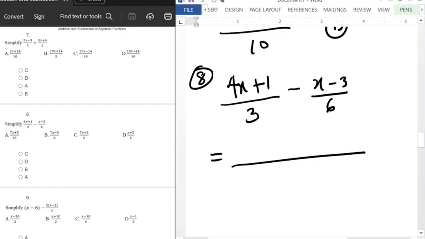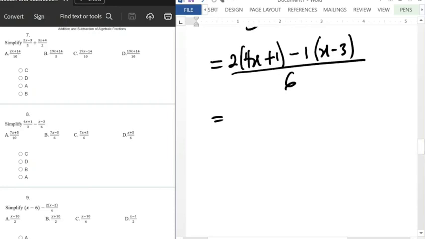You are still correct, but you still have to simplify it at the end of the day. So it's better you find the LCM correctly, which is 6 here. 6 divided by 3 gives us 2. So 2 will multiply everything at the top. That's going to be 2 into 4x plus 1, minus 6 divided by 6 is 1, multiplying x minus 3. So we open the brackets now.